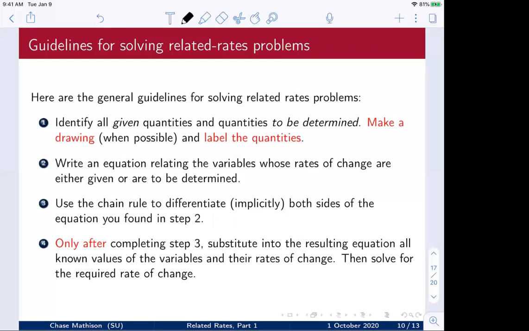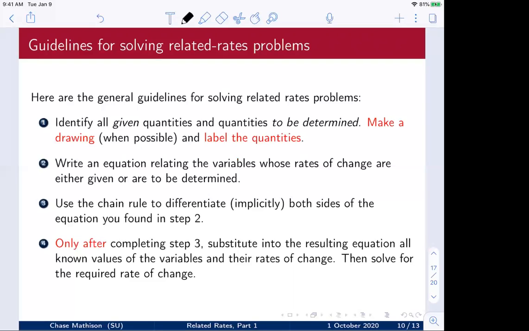But you only plug in the numbers that you know after you differentiate. If you plug them in before, you're going to get the problem wrong. Not just because that's not the method that I said. No, you're legitimately doing it wrong. If you plug in a constant number for something that's changing with time, and then you differentiate, you're going to get 0 from that, right?